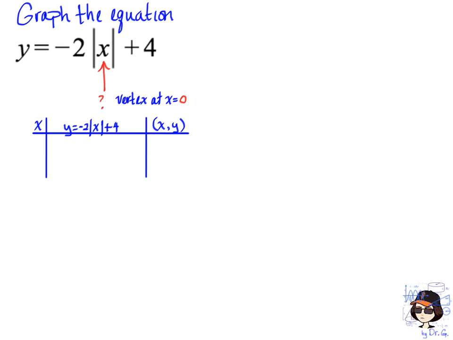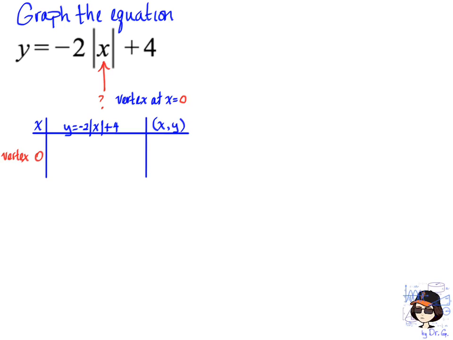So remember, we only need 3 points, and the first point we're going to find is the vertex. And we know the x-coordinate of the vertex is, in this case, x equals 0. So we're going to use 2 other x-coordinates. We're going to pick a number just below 0 and a number just above.